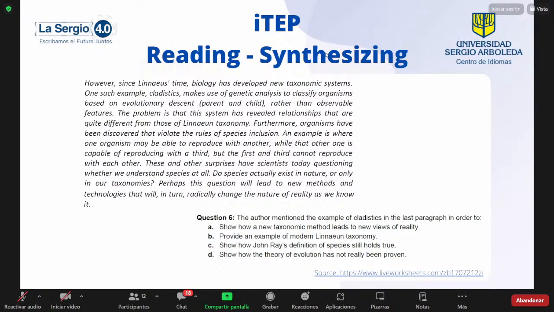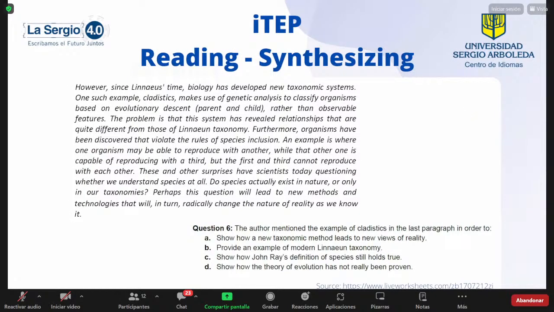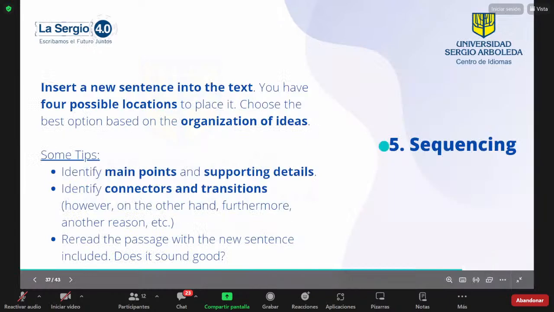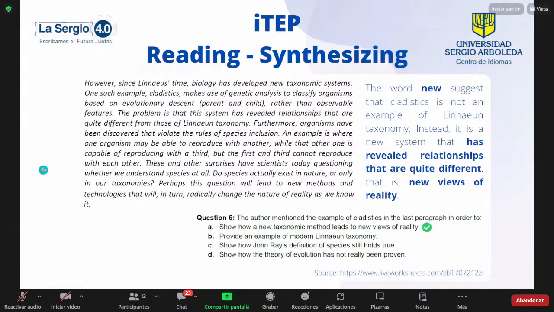Okay, and the answer you may write in 2 minutes. Okay, A. Here it's the new views of reality, no?